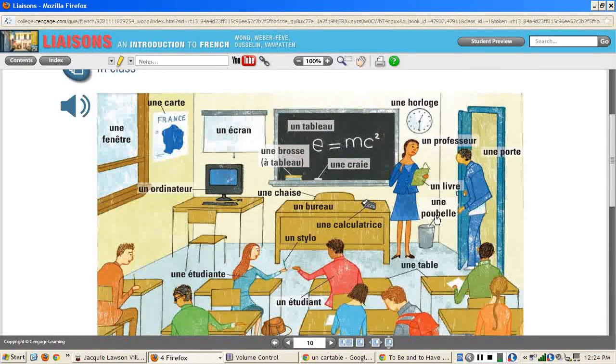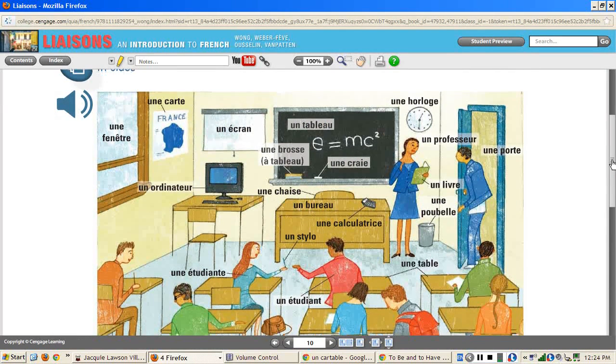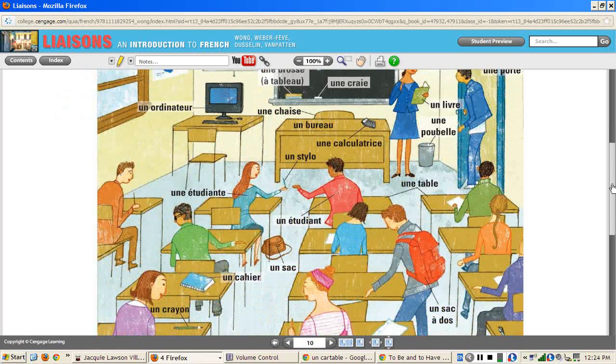Une poubelle is the garbage can, trash can. Une chaise, chair. Un bureau. Une calculatrice. Un stylo is a pen. A pencil is un crayon.